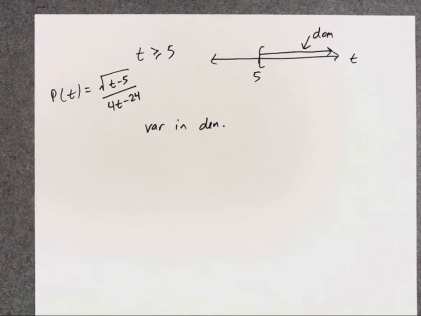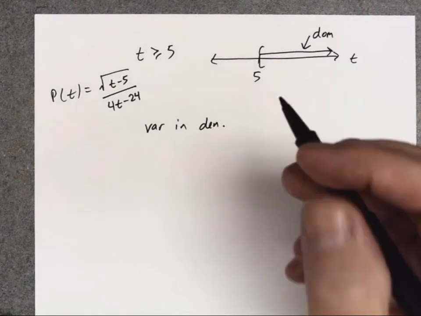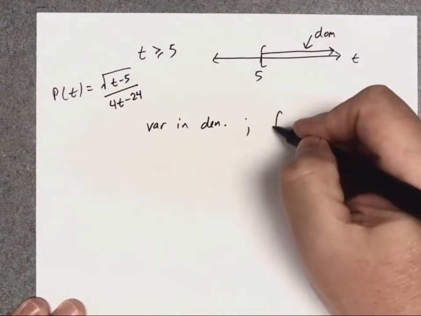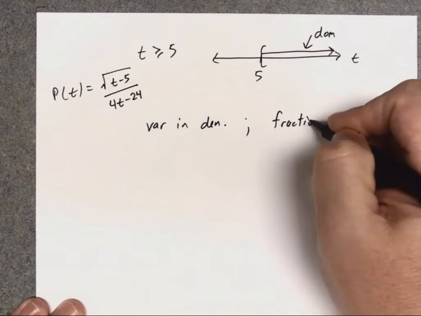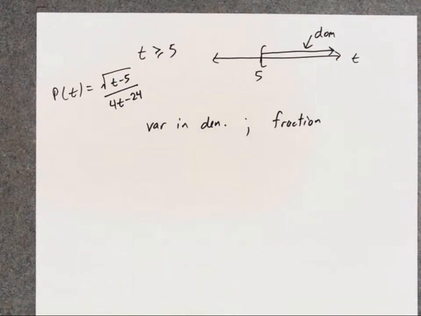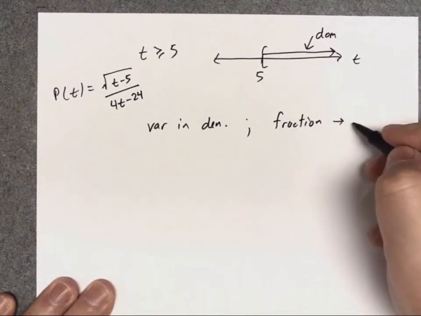Now, what's the big deal about having a variable in the denominator of a fraction? Whenever we have a fraction, what is the one thing we can never have? What is it?